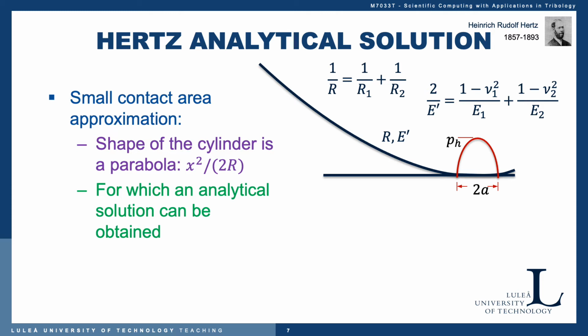I mean, it's just the first interesting term in the Taylor expansion, and that parabola would then be x squared over 2R, where R is that reduced radius of the cylinder. And we can obtain an analytical solution in this case.